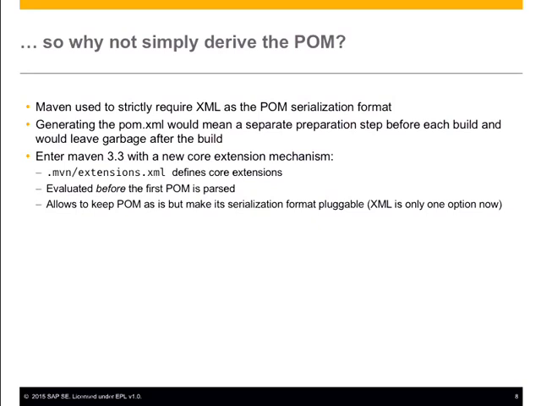And these extensions are not like other build extensions where you would just register new plugins inside your POM. This is really low-level extensions. And the important point here is that these are evaluated before even the first POM is parsed. So that is the key to being able to break out of the XML serialization.